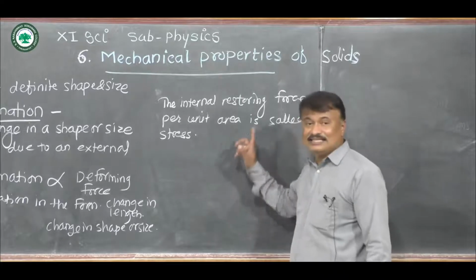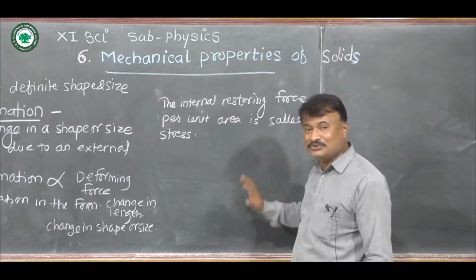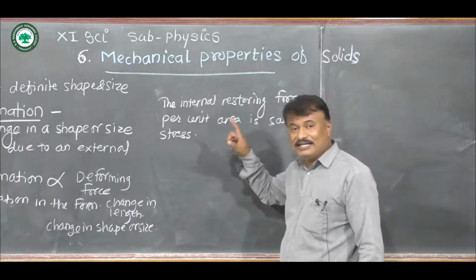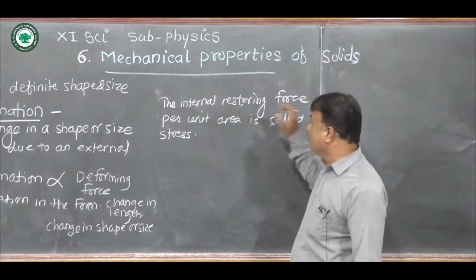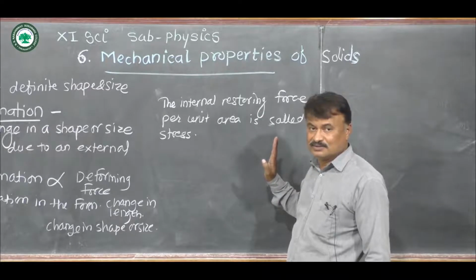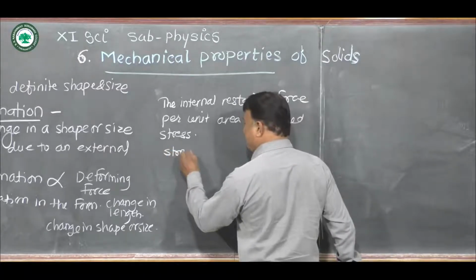As you know, this internal restoring force is equal to the applied force. Its magnitude is equal to the applied force. Therefore, again we can define stress like that: stress is the applied force per unit area. So with the help of this, we can write the formula for stress.